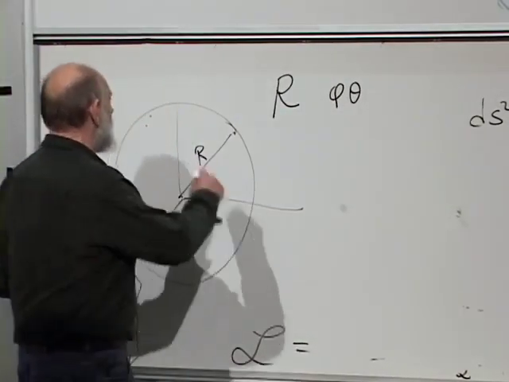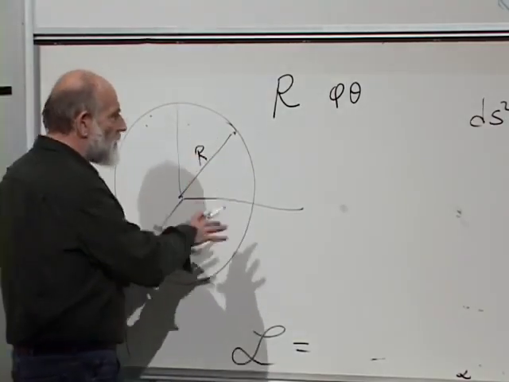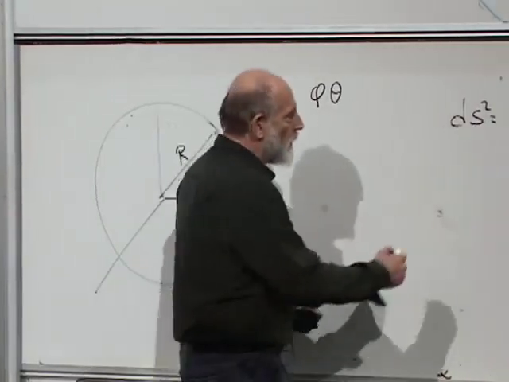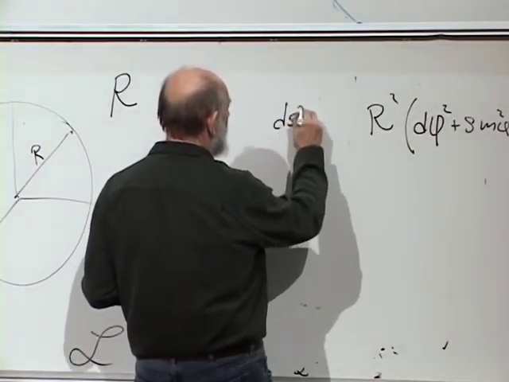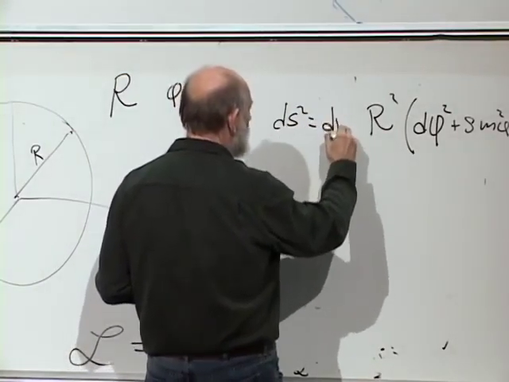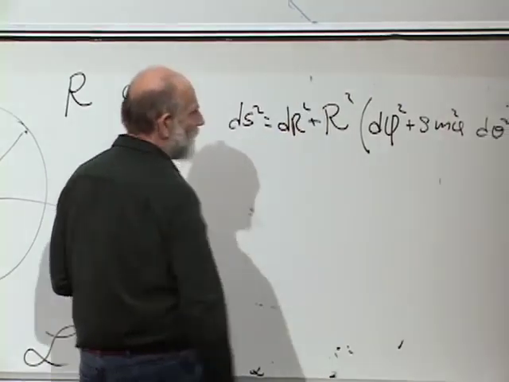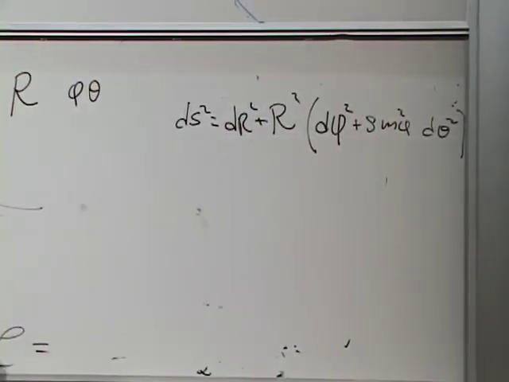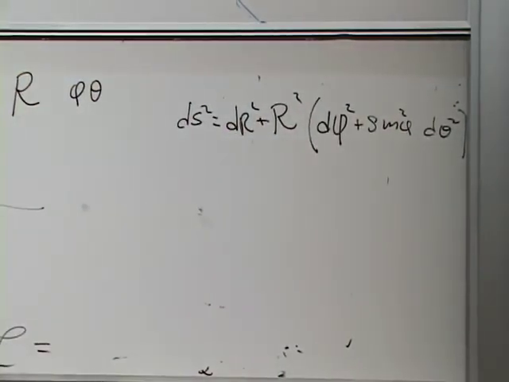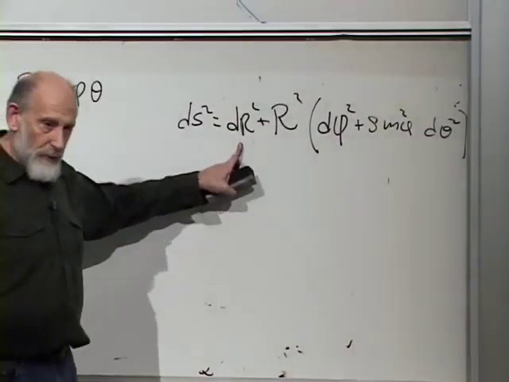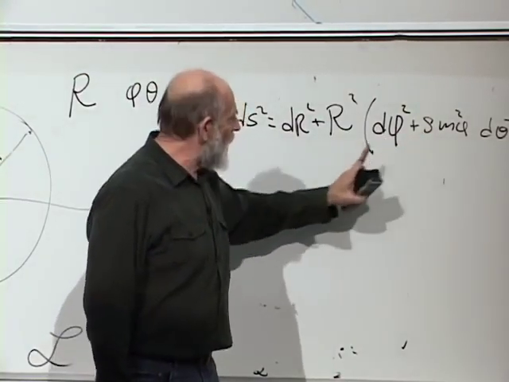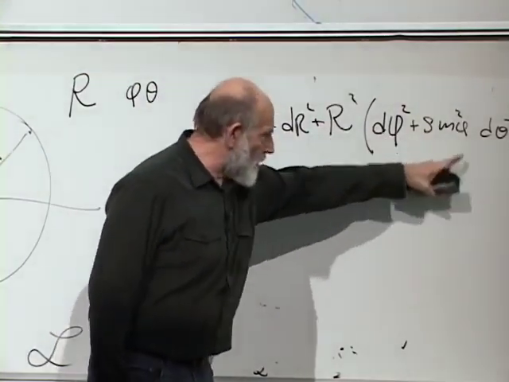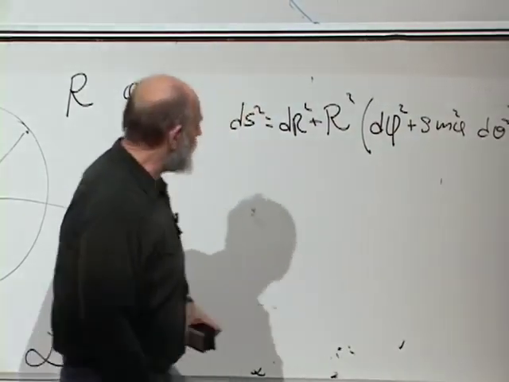Now, what happens if I want to talk about points which are not on the same radius? Then I have to include here ds squared equals dr squared plus that. In other words, for points which are separated by radial distance, it's just the dr squared. And for points which are separated by angles, it's r squared times the metric on the unit sphere.